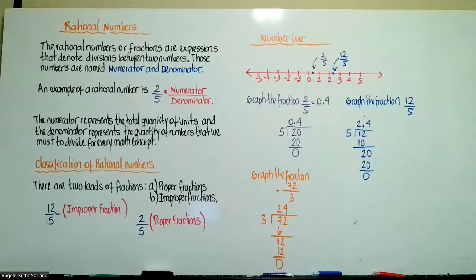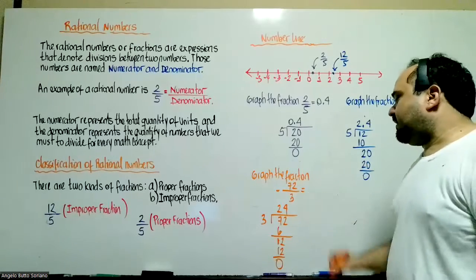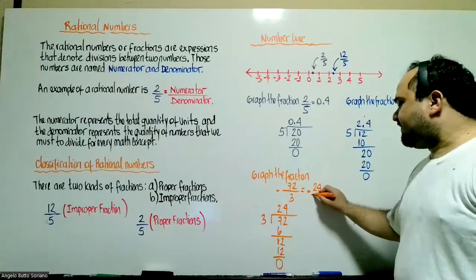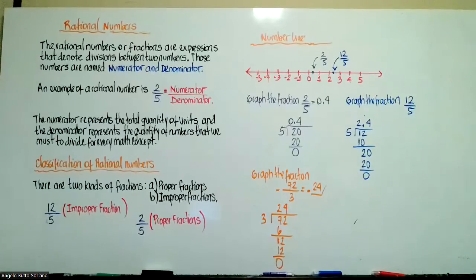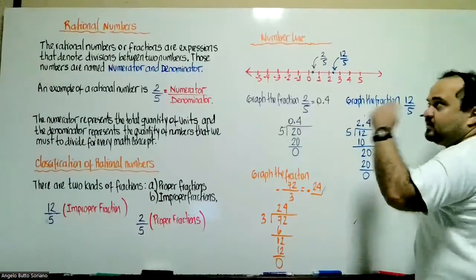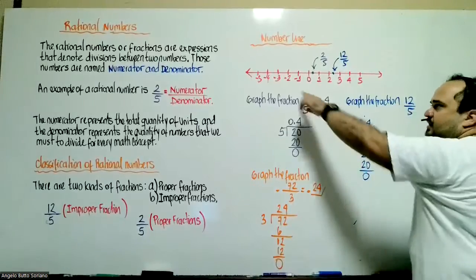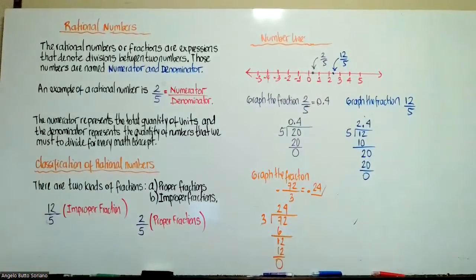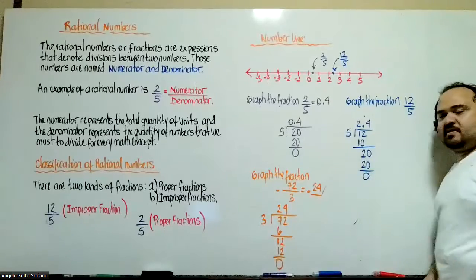So the negative 72 over 3, we can copy the negative sign, and we have the whole number negative 24. We have the number line located this way. Well, we have to draw 24 numbers located to the left side.